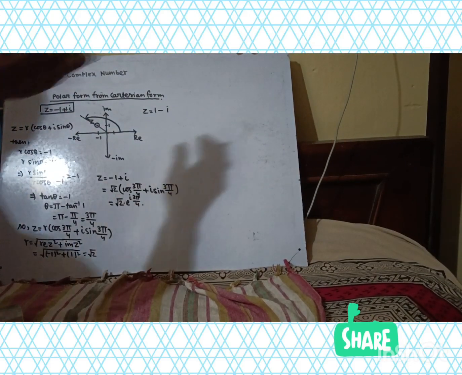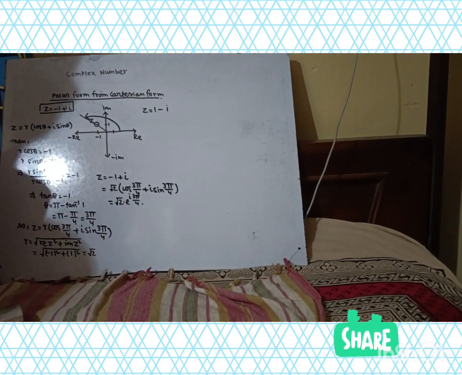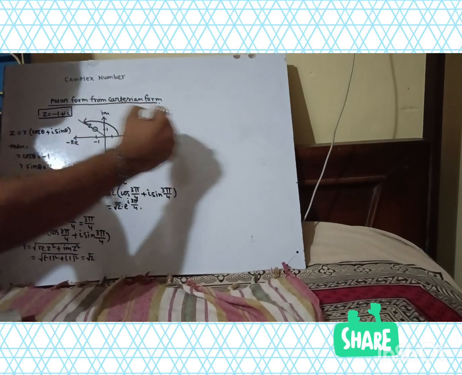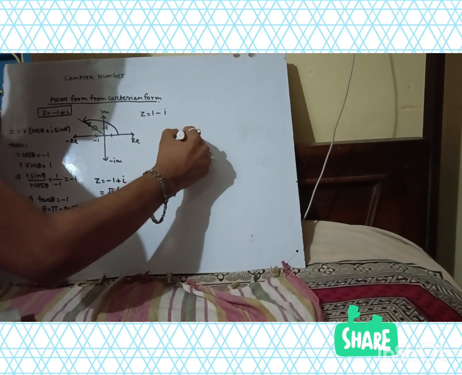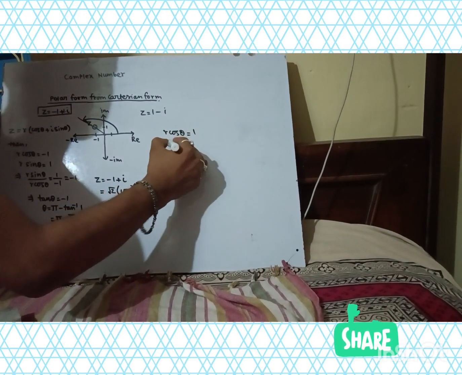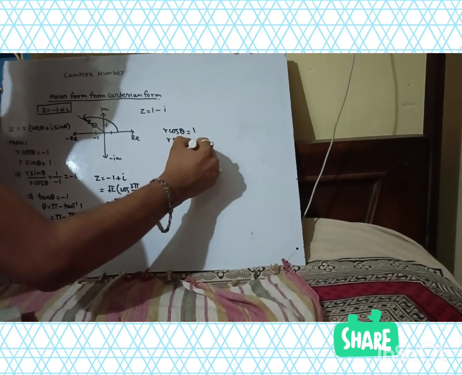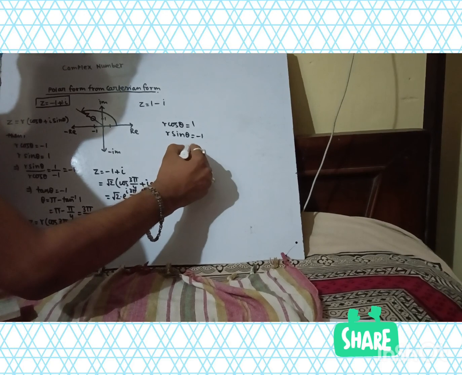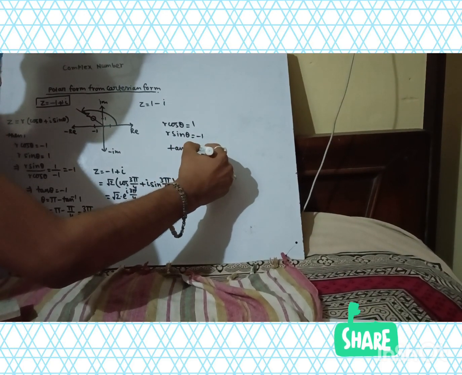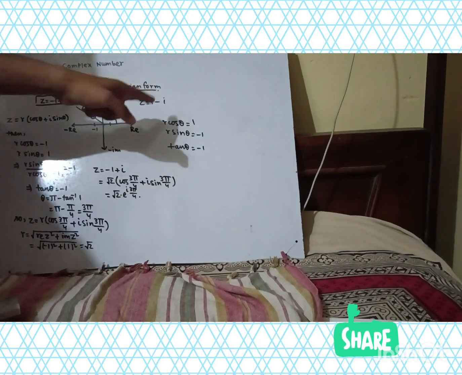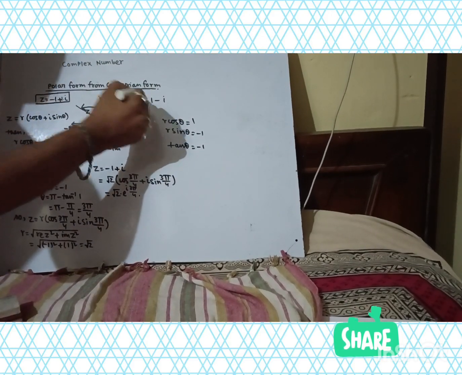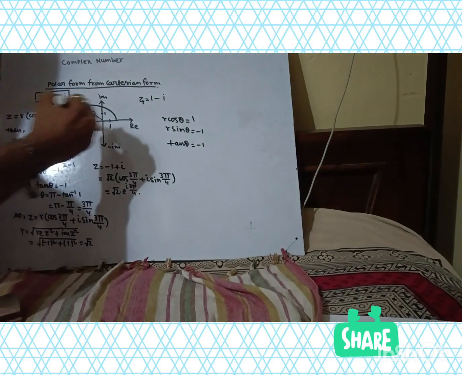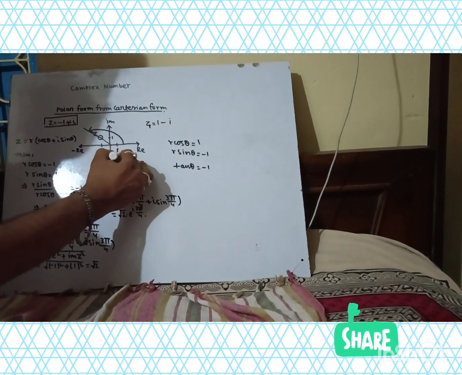Now we see the next problem. Here, in the same pattern, we get r cos theta is equal to 1, but r sin theta is equal to minus 1. So here tan theta will be minus 1, and in this case the position of z1 will be here: it is 1, and minus 1 means in this position.